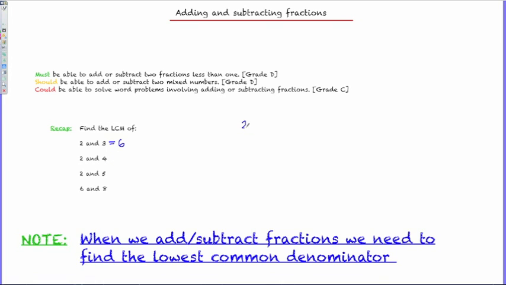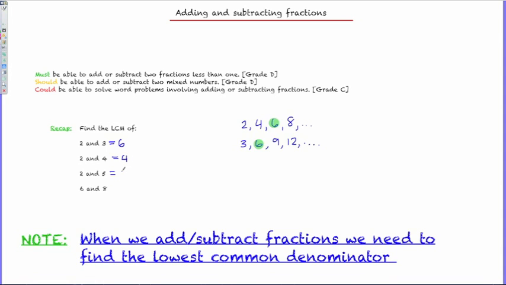So we had 2, 4, 6, 8, and so on. And then for 3s we've got 3, 6, 9, 12, and so on. So the lowest common multiple is going to be 6. If we want the lowest common multiple of 2 and 4, if you need to, you can list down your times tables, but the lowest common multiple is going to be 4.